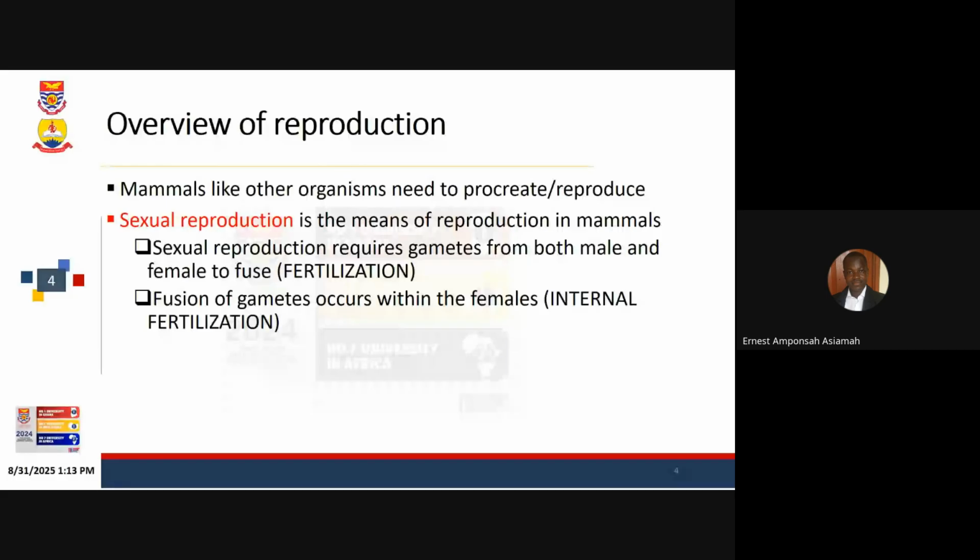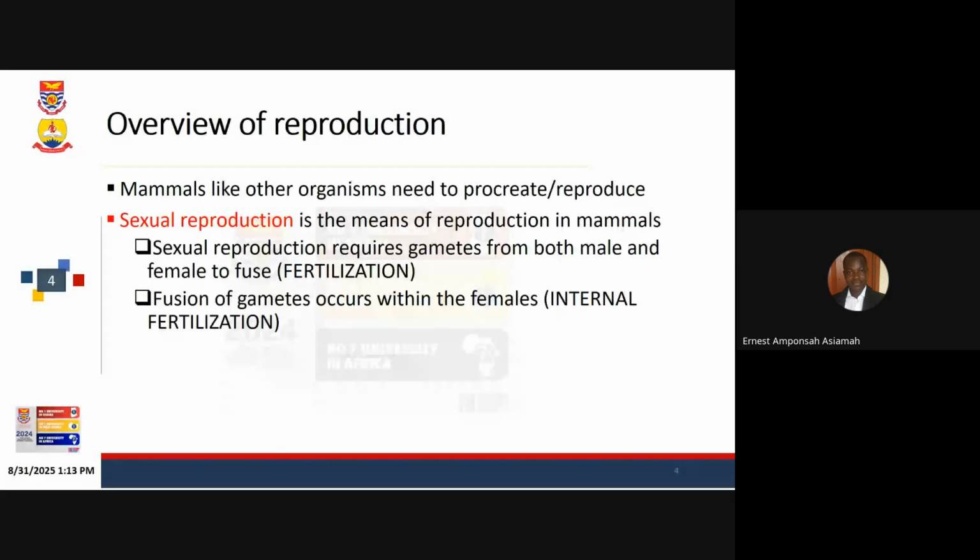We call that process fertilization. Fertilization will produce what we call a zygote, and this zygote will later undergo various transformations to give rise to the full-fledged mammal.